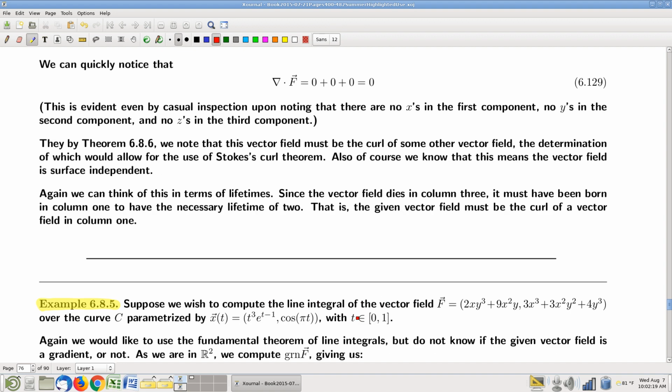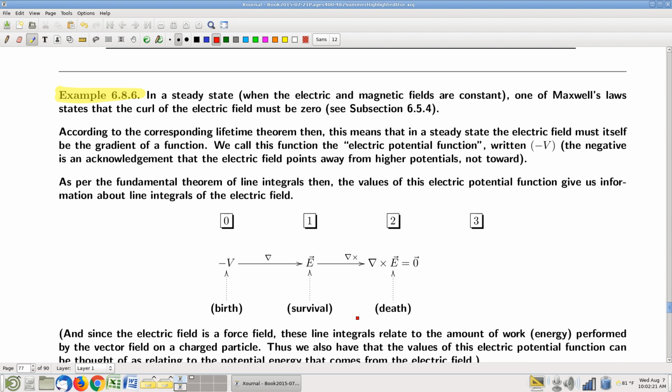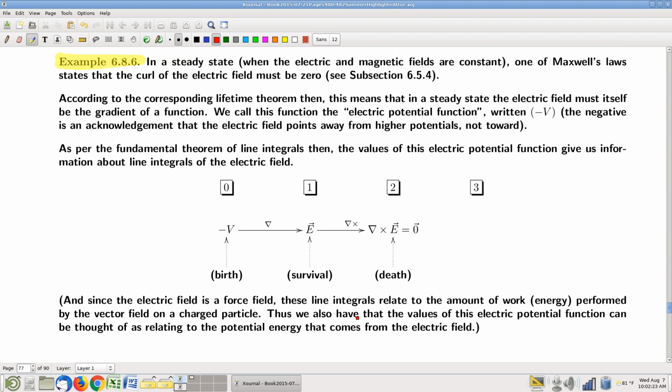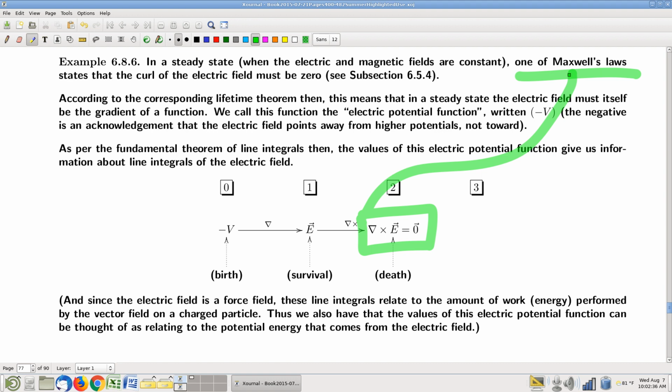Okay. All right, there's a few more examples I'm going to let y'all read. I want to get to the physics on this. There's a little bit of physics that relates to this, and this is worth talking about. You may recall we talked about Maxwell's laws, and one of them says that the curl of the electric field is 0. Now this is a steady state.